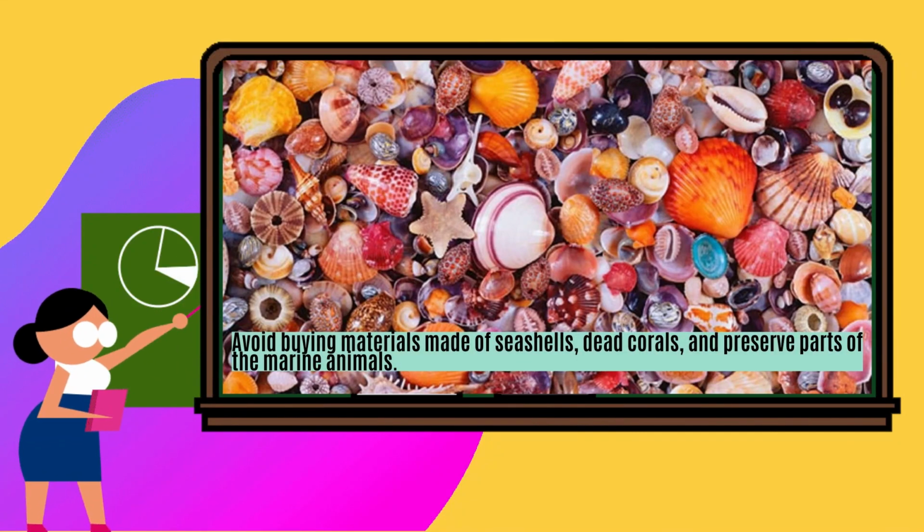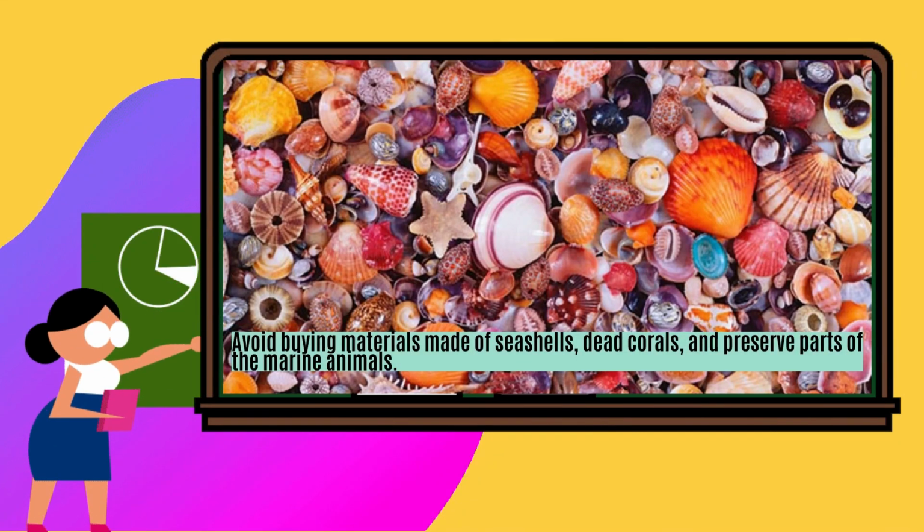Number 5. Avoid buying materials made of seashells, dead corals, and preserved parts of marine animals. Because every shell or piece of coral taken from its natural habitat, the ecosystem suffers, resulting in long-term consequences that could be devastating for our reefs.